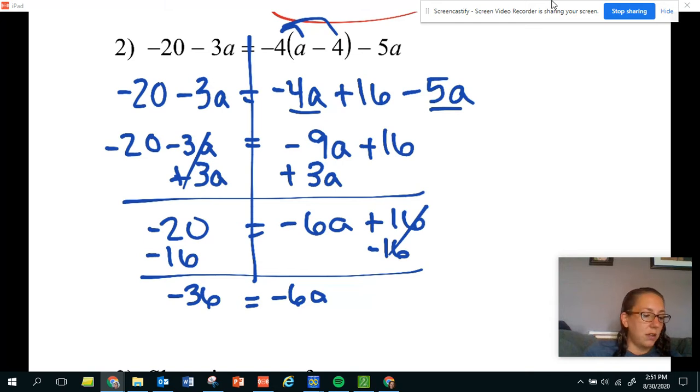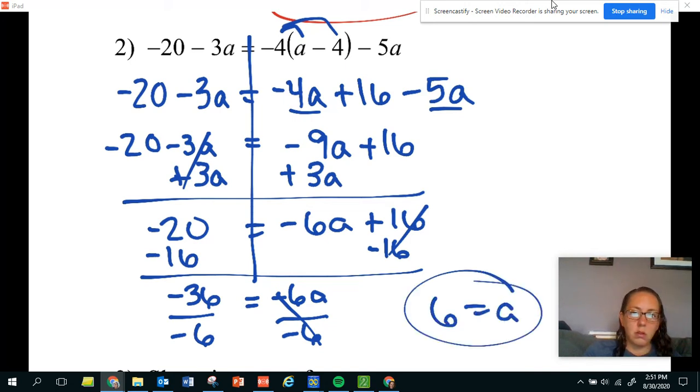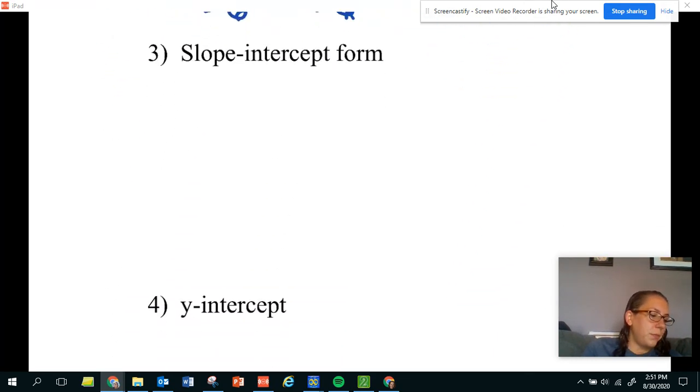If you've got a negative coefficient with a variable, like the -6a, you've got to divide by -6, not just 6. So be careful about that. And then a negative divided by a negative gives you a positive. Ta-da. Okay, so solving. Hooray.